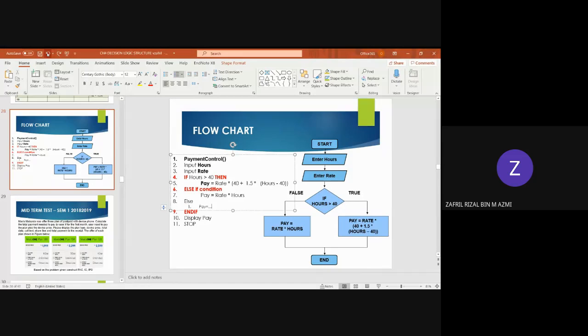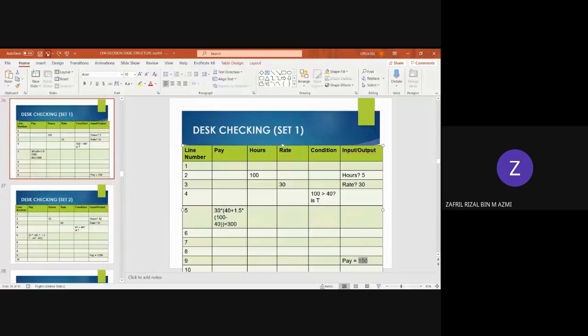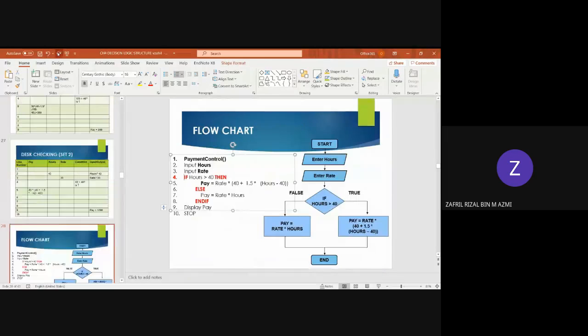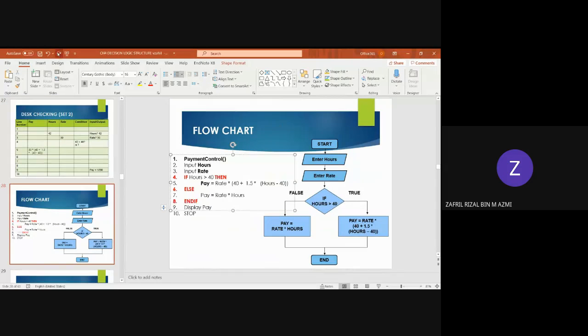So in our case, okay, sekejap. Only one symbol is used because in the algorithm also we use one. So it should be tally lah.